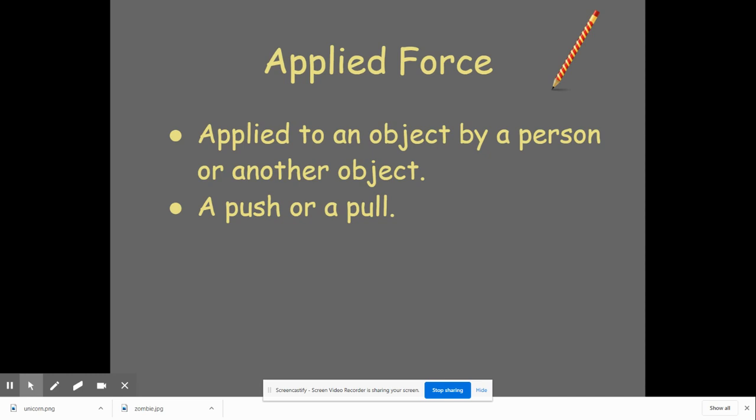You just applied a force, right? You pushed or you pulled on that other person. So applied force is exactly that. It's just a force that is applied to an object by a person or another object. So it can be a push or a pull, right? You could go up and pull your little brother or sister. Don't do that either.